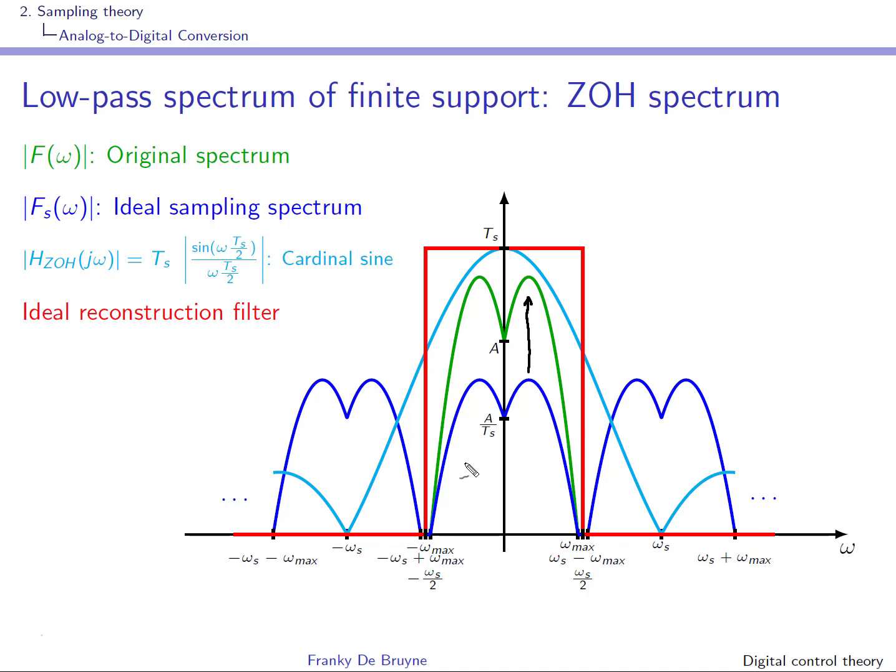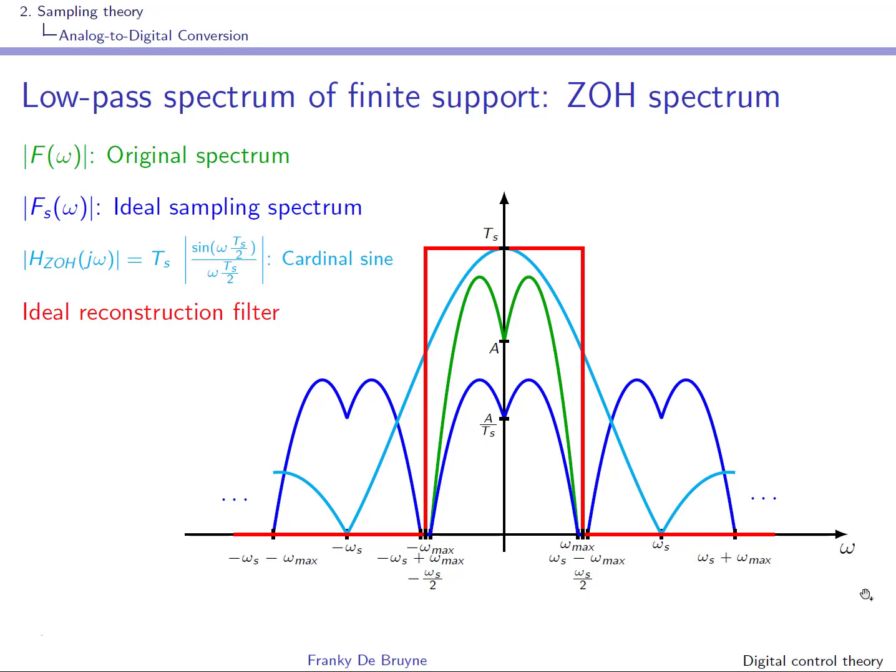This looks very nice in theory, in the frequency domain, but in practice this ideal reconstruction filter is not realizable, because in the time domain it will involve a convolution with a non-causal cardinal sine.